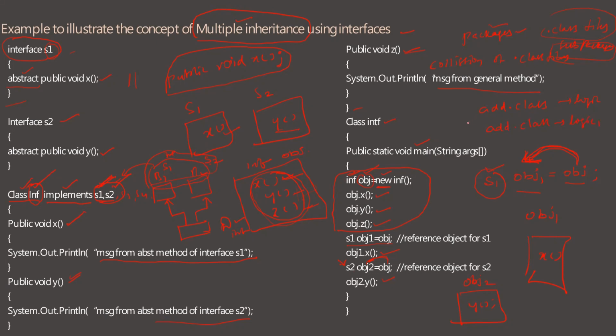So after closing the system, when I start again, if I want to run the logic one program and I say add.class, this add.class data will be overridden. There will be a collision between these two dot class files. You can't create dot class files or classes with the same names because they'll be overridden. So in order to avoid such collision of dot class files, you have been given the concept of a package.